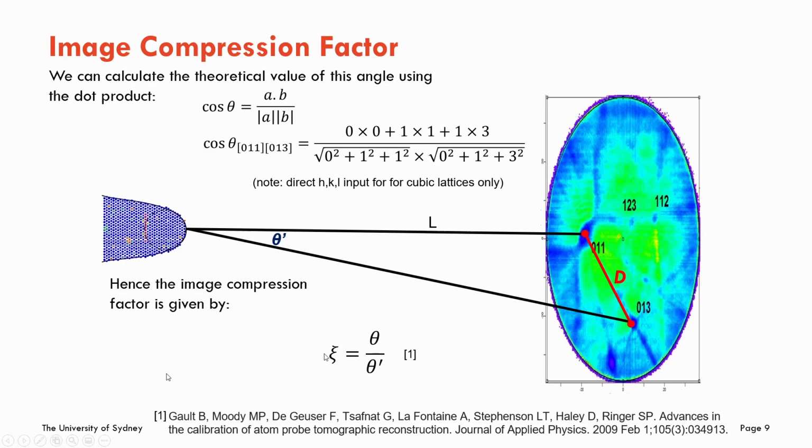So your image compression factor is really just the theoretical angle between those two directions divided by your measured angle. And that equation I've taken from a publication, which I'd recommend you all read, from Baptiste Gault on advances in the calibration of atom probe tomographic reconstruction.